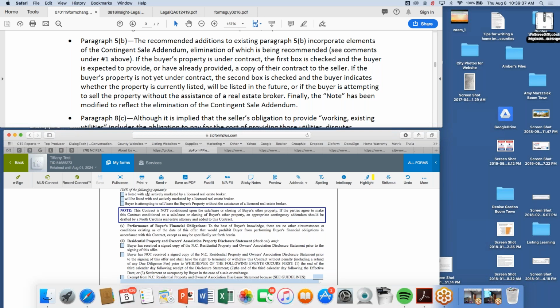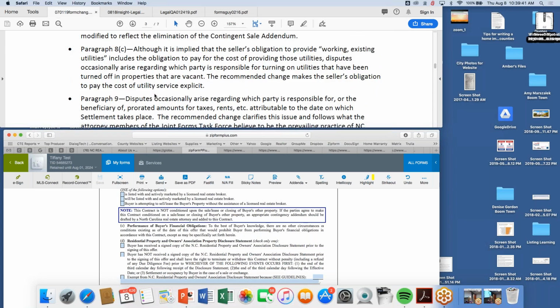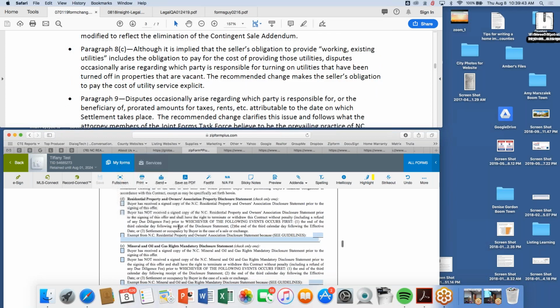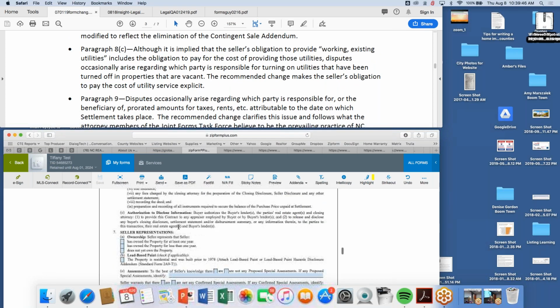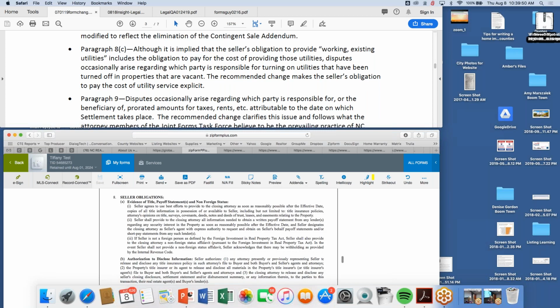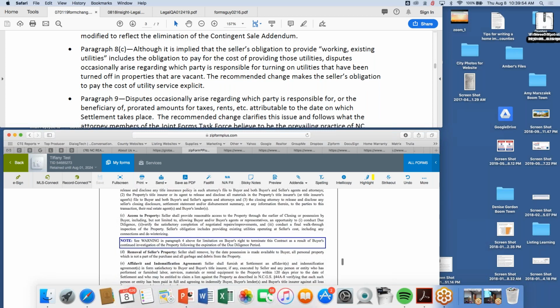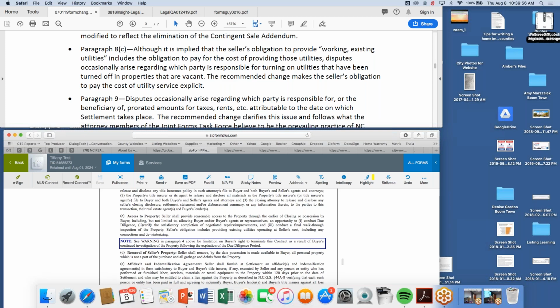So as we move on, the next piece is 8C. Basically it's reminding agents, because I guess there have been some questions and concerns, whose responsibility it is to have utilities on through the day of closing. What it did was basically say that the seller needs to have working existing utilities and identify that the seller is the one responsible for paying for those.